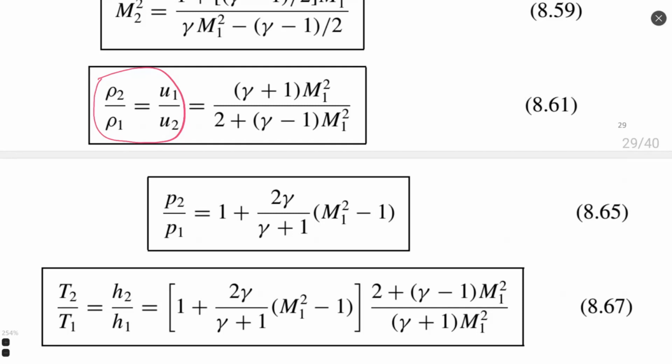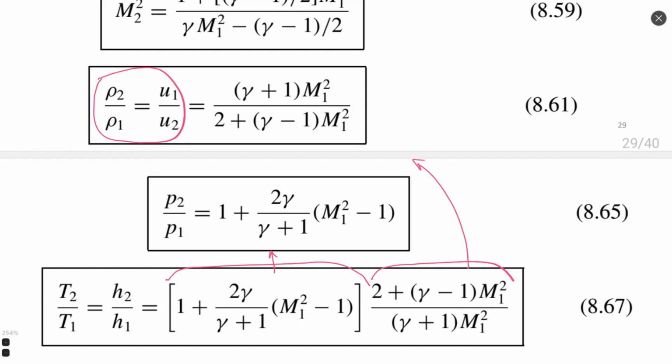We can see that this temperature ratio, according to the equation of state, would be just a product of a function of pressure ratio and density ratio. So equation 67 has a part that is the same as the pressure ratio and another part that is the same as the density ratio.